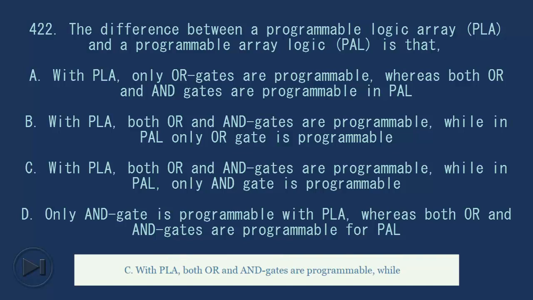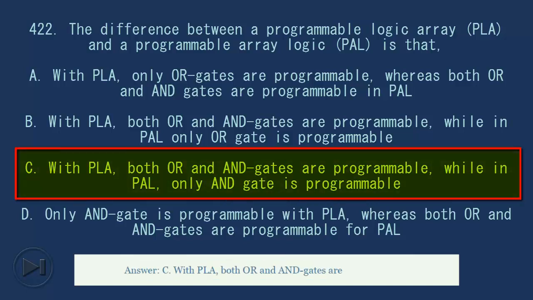C. With PLA, both OR and AND gates are programmable, while in PAL, only AND gate is programmable. D. Only AND gate is programmable with PLA, whereas both OR and AND gates are programmable for PAL. Answer, C. With PLA, both OR and AND gates are programmable, while in PAL, only AND gate is programmable.